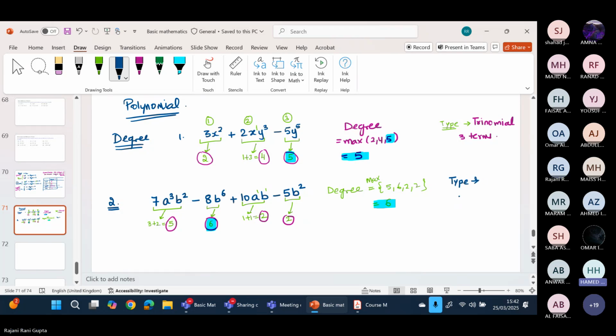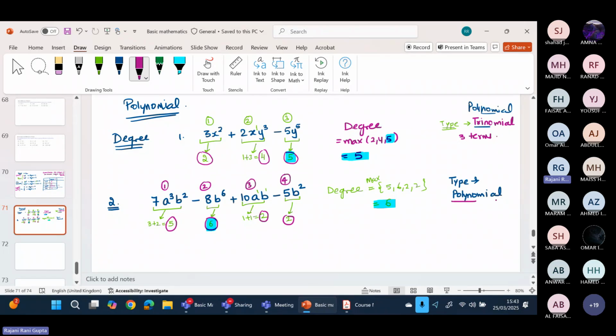We call it a polynomial. The specific name is trinomial for 3 terms, but as here we have 4 terms, 1, 2, 3, 4, we don't have a special name for this, so we simply call it a polynomial.